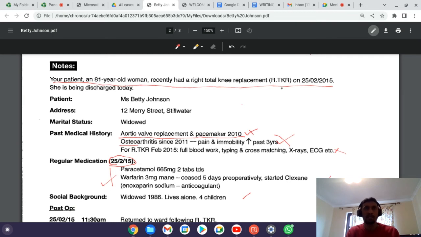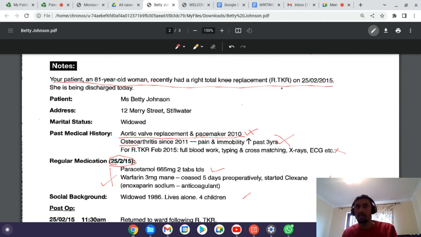Maybe it was started on that particular date. So consider that medication because that's not said in the past medical history. From here onwards, it is going to be relevant. Paracetamol started for the management of pain because the patient is going to have a surgery. Is that clear?